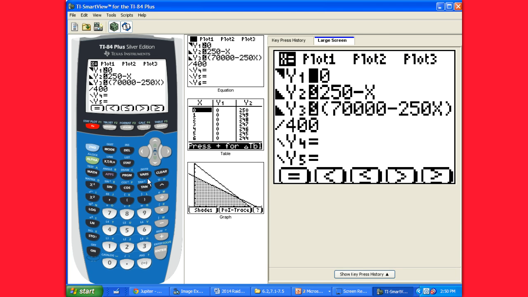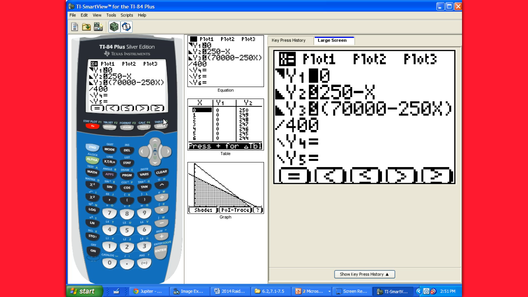So remember, the way that we do that is if you have your cursor positioned on top of the equal sign, then you'll get all these other options that typically you would not have. And if you'll notice over here, equal to is above F1, less than is above F2, less than or equal to is above F3, greater than is above F4, and greater than or equal to is above F5.